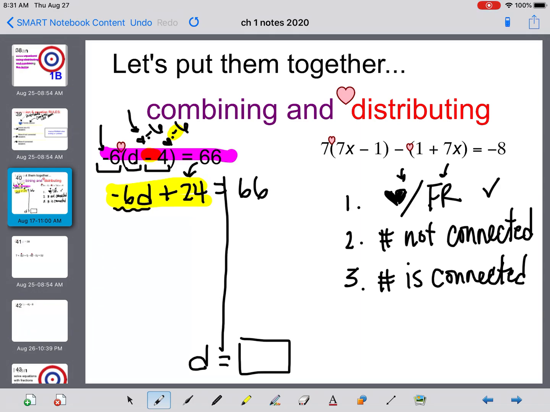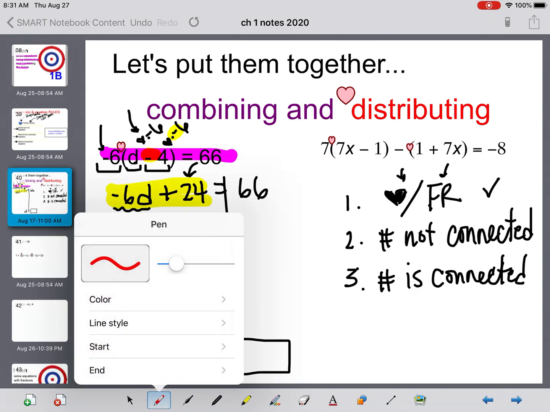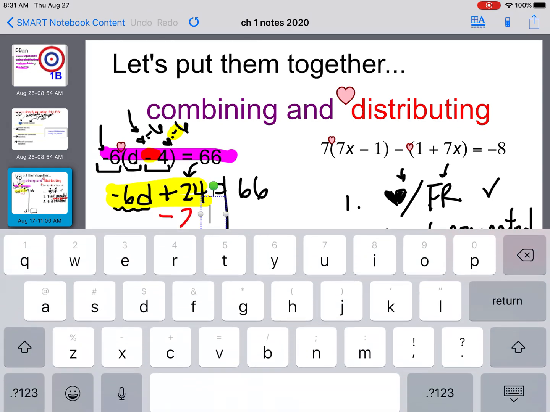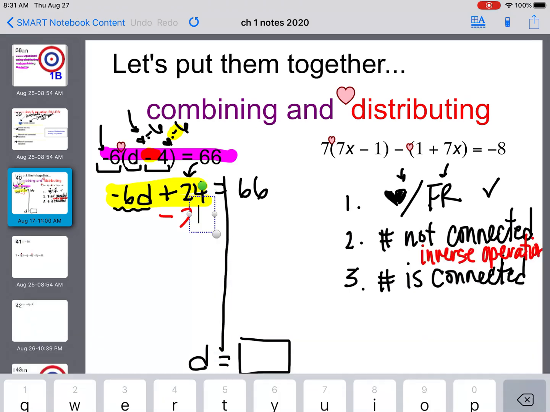And so I want to get rid of that. And the way that I do that is I use inverse operations. And let me just add that here: inverse or opposite operations. This happens to be an add 24 or a positive 24. So I want to go ahead and subtract 24.